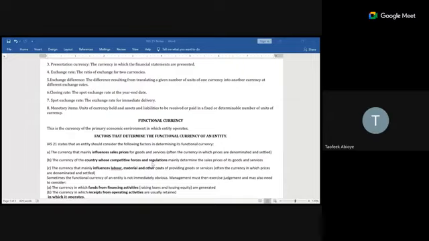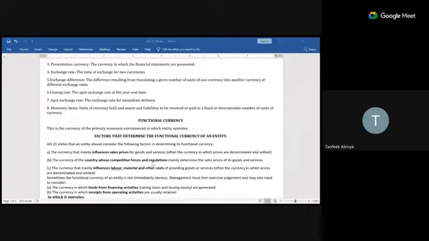For example, a Nigerian company manufacturing goods or providing services: if you want to bill your customer, it will be naira. So the number one factor you must consider is the currency that will influence the selling price of your goods.